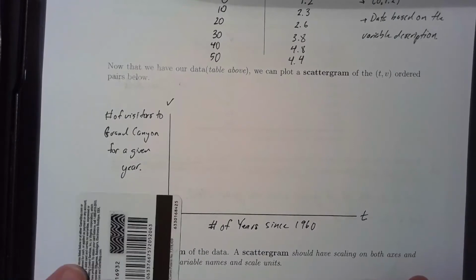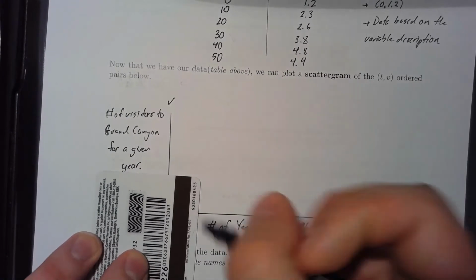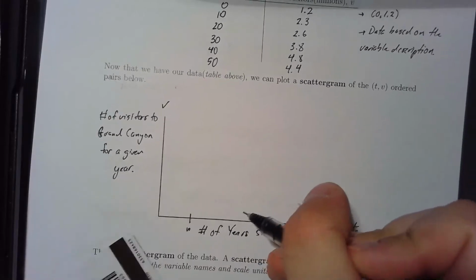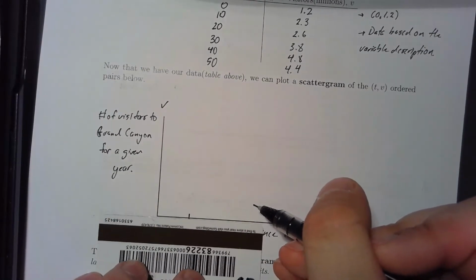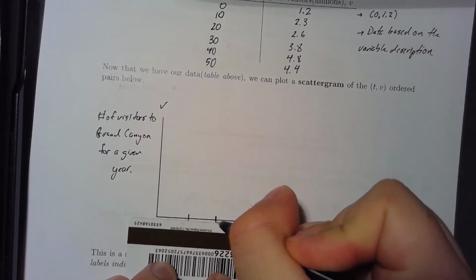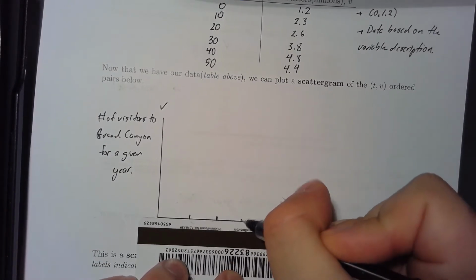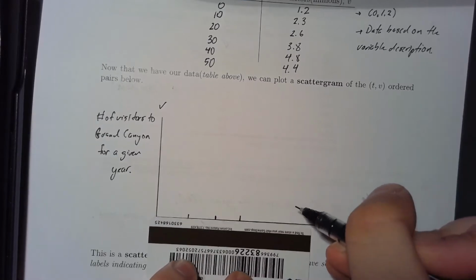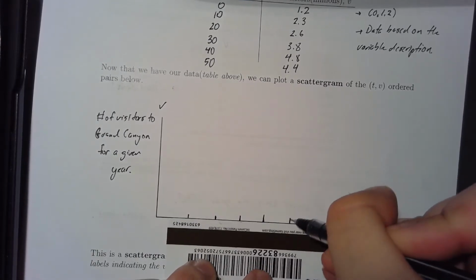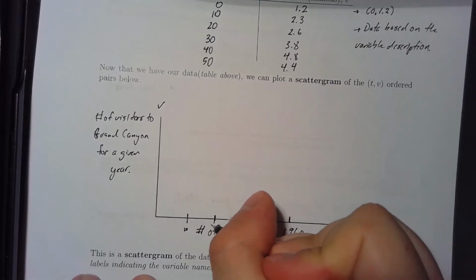So that'll be 10, that'll be 20, that'll be 30, that'll be 40, and that'll be 50.